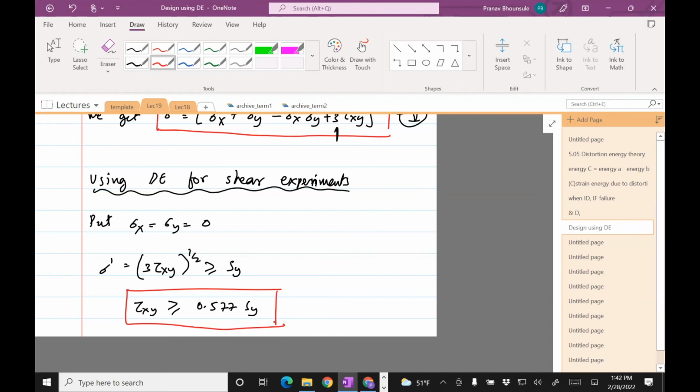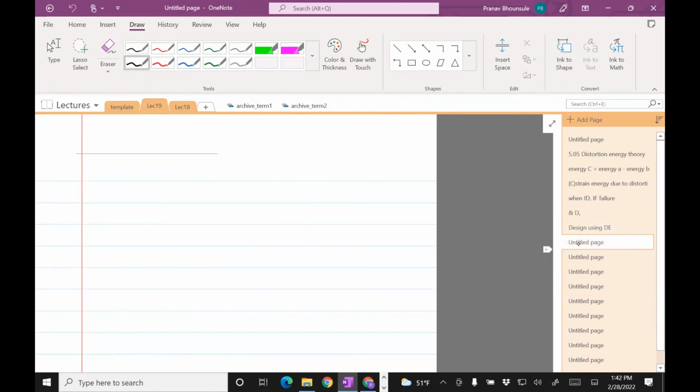Okay, so let's try to apply all this, what we have done for von Mises and maximum shear stress, onto a problem. I'm going to do a problem, and that should be it. 40, 80 MPa.